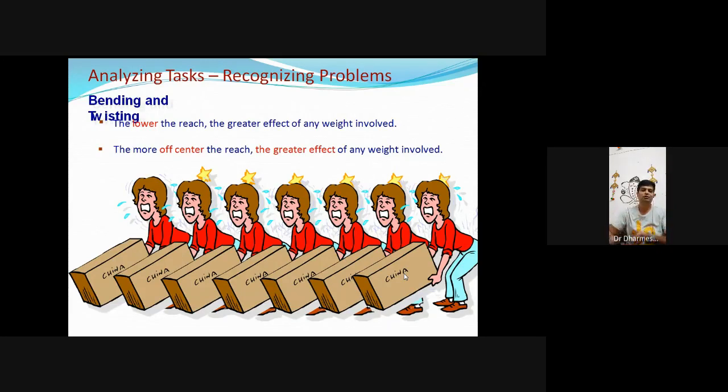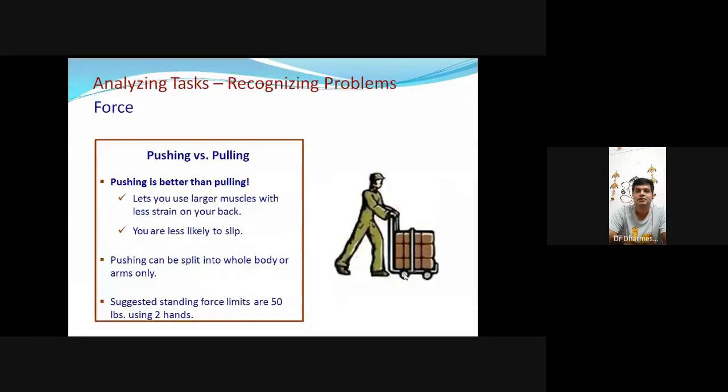They lift the logwood and complete the task in a safer manner. Here, the more off center the reach, the greater the effect on the body. So our body should be in the centered area, not a very far area. Whether it is a lightweight or heavier object, we need to stand in the center area.